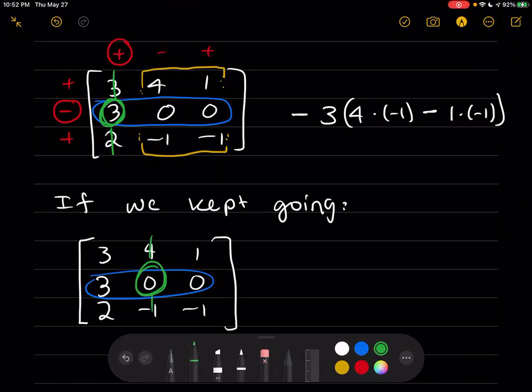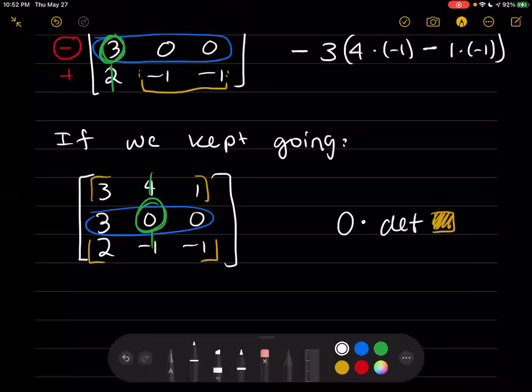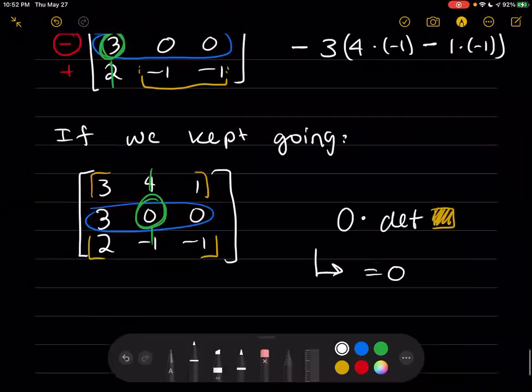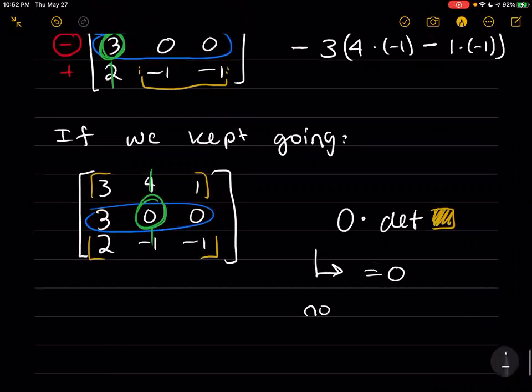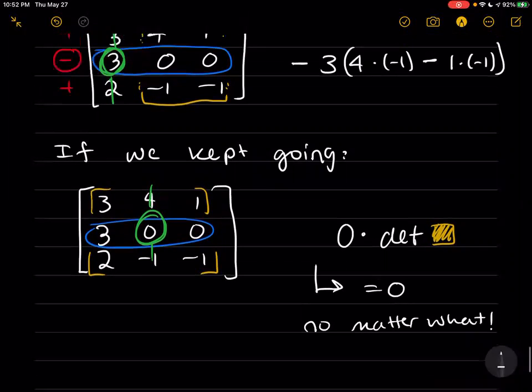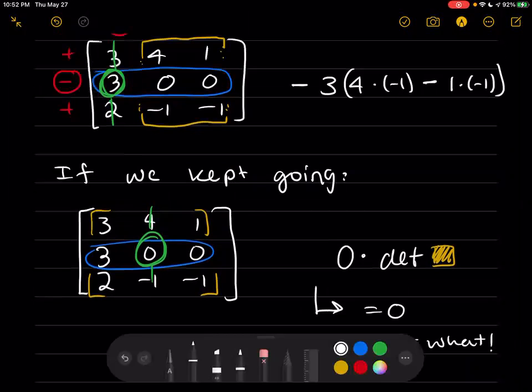Whatever you find to be the determinant of the corner numbers, it's going to be 0 times the determinant of the yellow. And so no matter what else happens, that's going to be equal to 0, because anything times 0 is 0. And the same thing happens if you were to look at this one. So our work's actually already done. The determinant of this matrix is just going to be this, right?